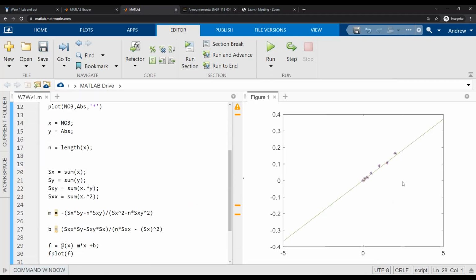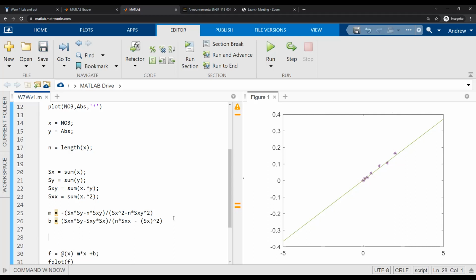Okay, no typos. And there we go. So the line fits the data. All right, you can see that, right? Perfect. So this is a really good way to check. Once you have your code, you want to plot it visually and see if it makes sense. So we obtained these equations by minimizing the square of the residuals.